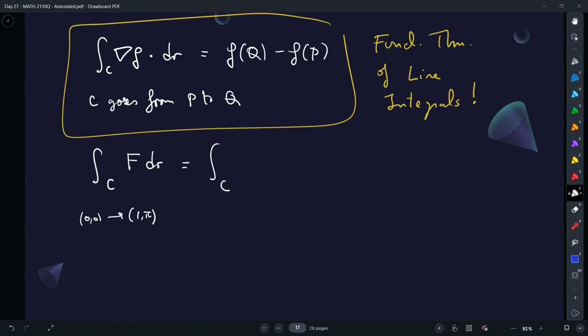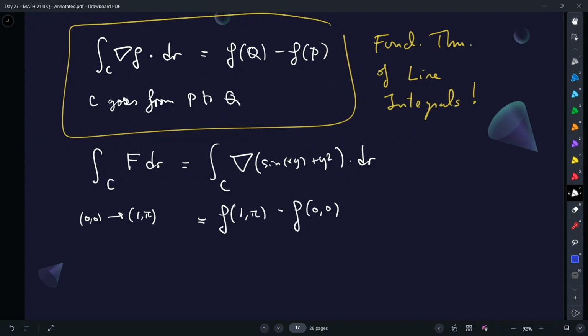I could have parameterized that and done my line integral like we know, but this F is the gradient of the function we just figured out, sine of xy plus y squared. So it has to be this function evaluated at 1, pi minus the function evaluated at 0, 0.